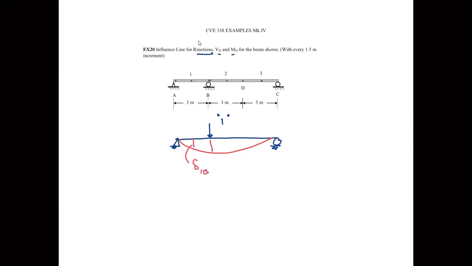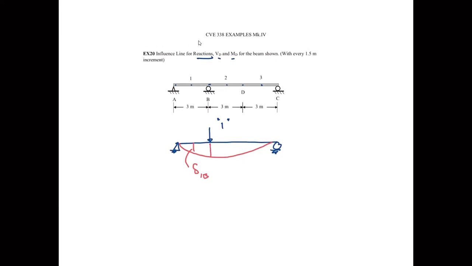This is delta BB. This is delta 2B. This B should not be capital. Delta 2B, delta DB, and delta 3B.